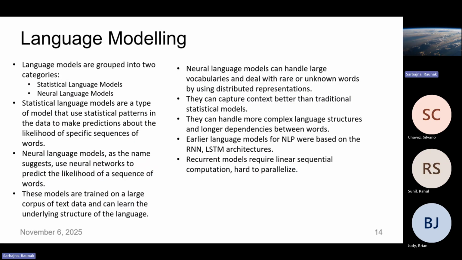Statistical language models were very powerful when used for decoding. For example, in World War II, when the English were trying to decode German transmissions, they were using statistical language models because they knew certain words popped up in certain positions.